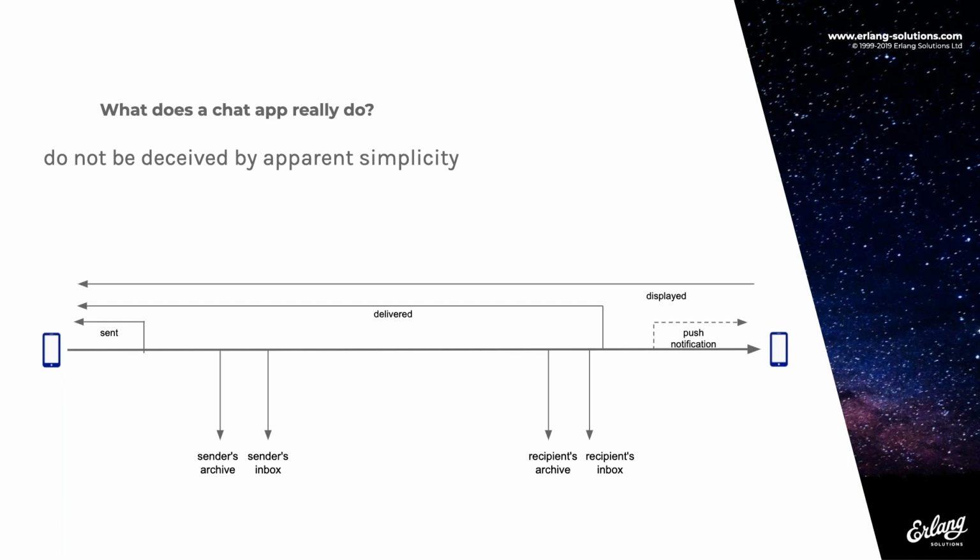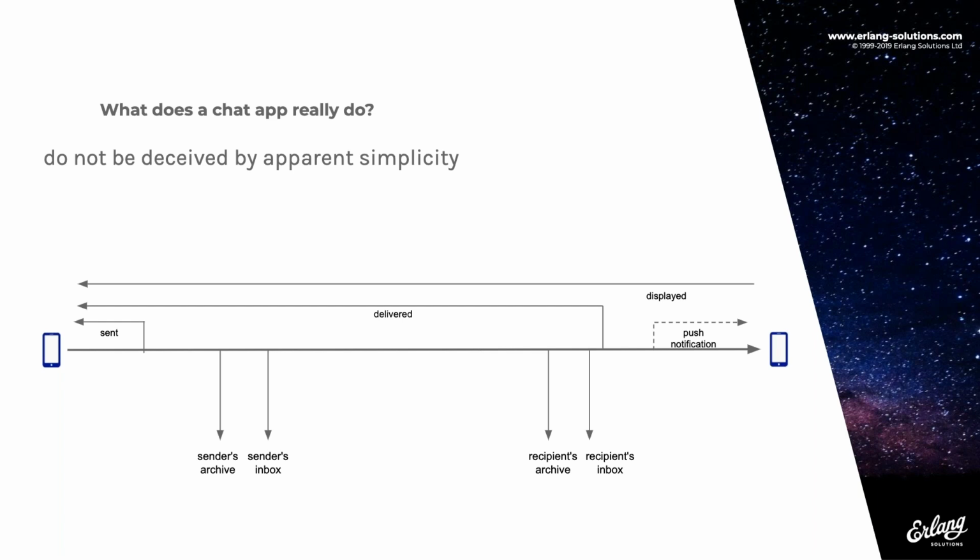It updates the sender's inbox. Inbox is a way of tracking unread messages and the last message that's been exchanged. Then it goes to another server, the recipient's one. It goes to the archive. It updates the inbox. It's being delivered.